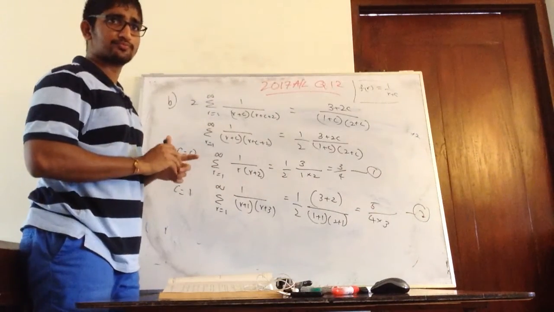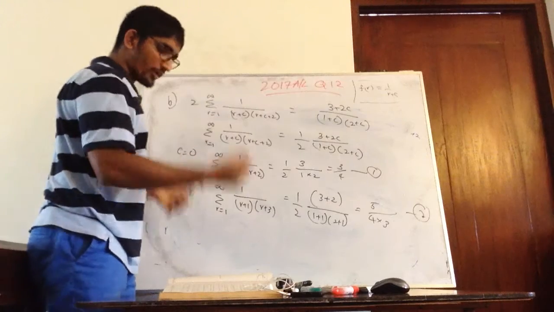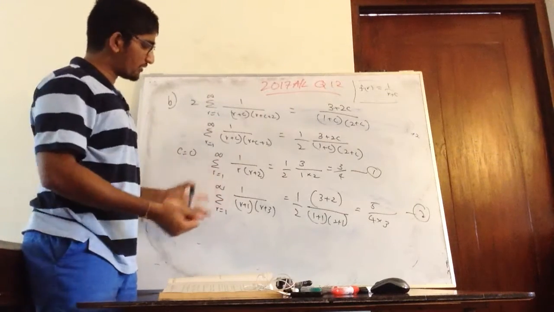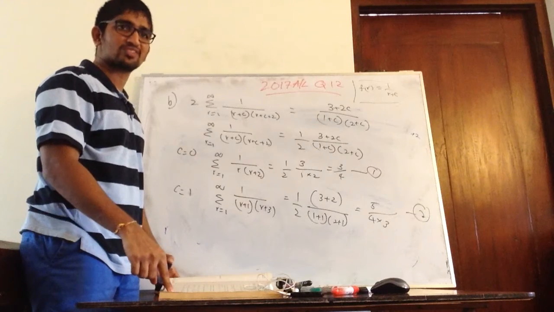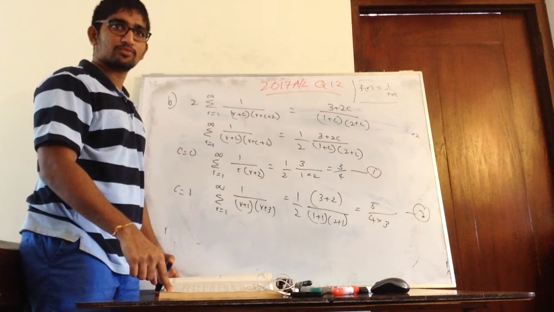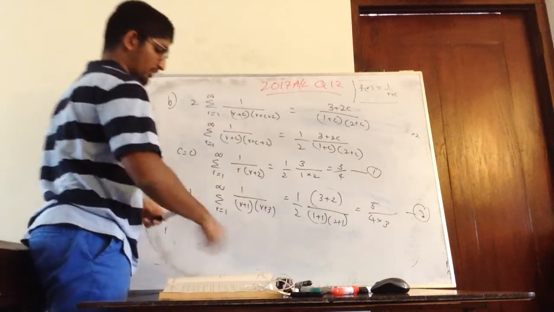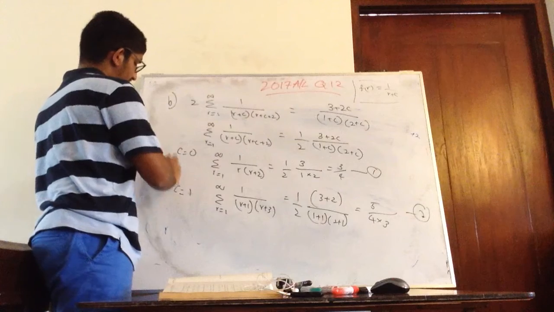No problem, no? Right? So now what I am going to do here is, I am going to minus this out, and show that this is 1 over 3. No problem, no? Right? So I am just going to minus this out.